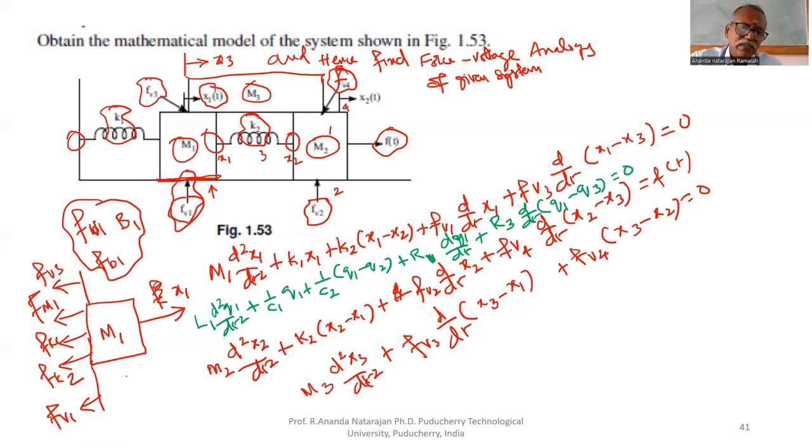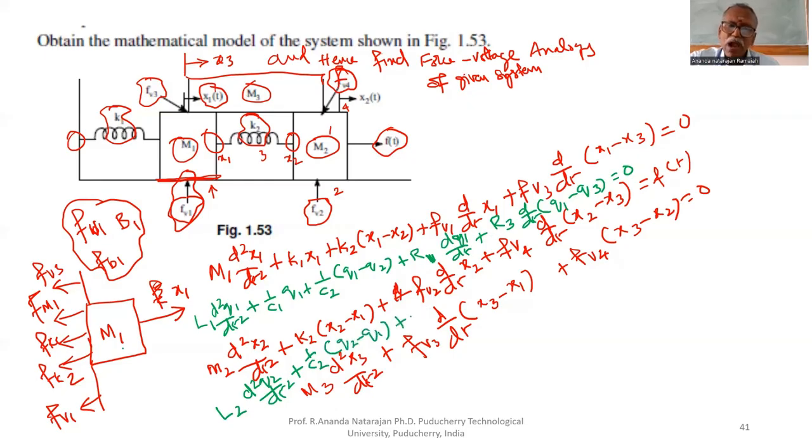For the second equation: L2 d square q2 upon dt square plus 1 by C2. 1 by C2 we already wrote in the previous equation, we have to reverse that: q2 minus q1, plus FV2.